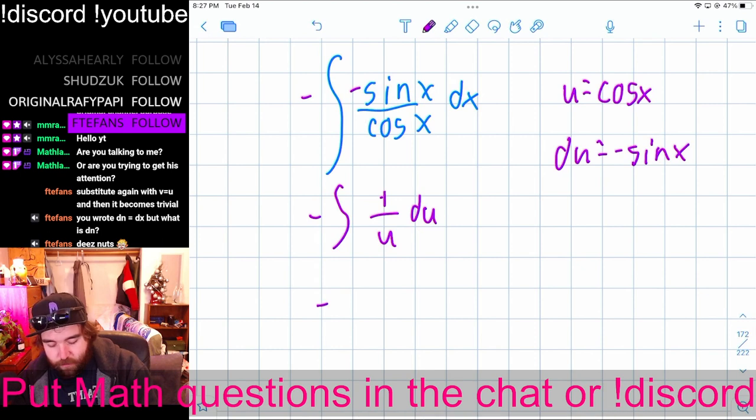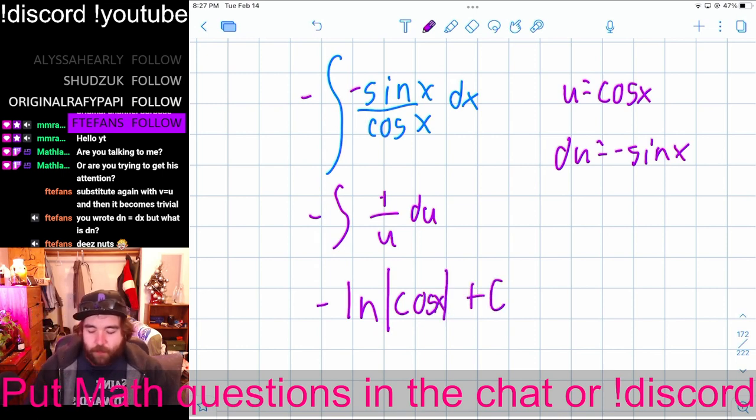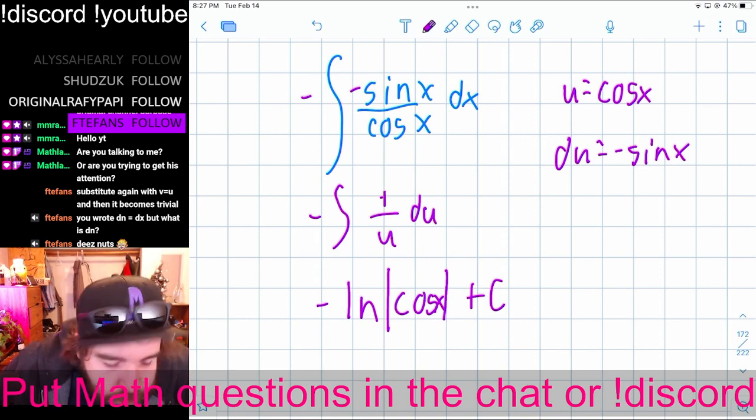So negative ln. Ln of what? Ln of u, which is cosine of x, plus c. And that's pretty clear.